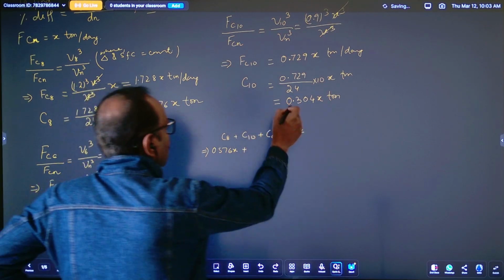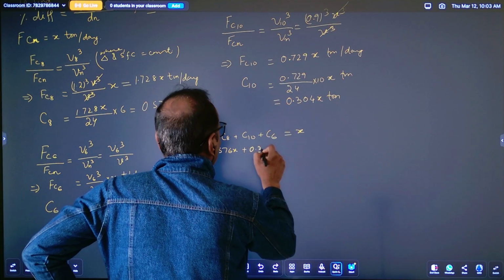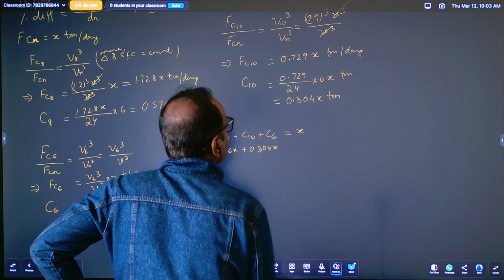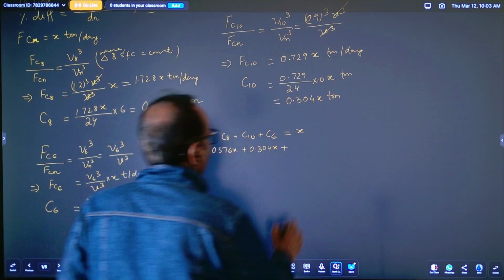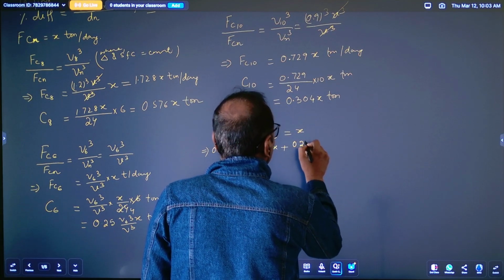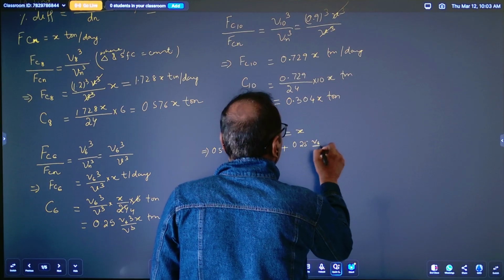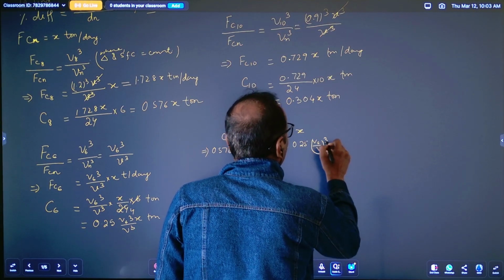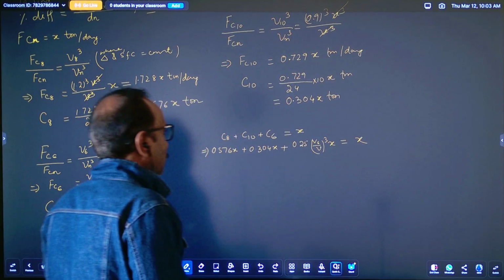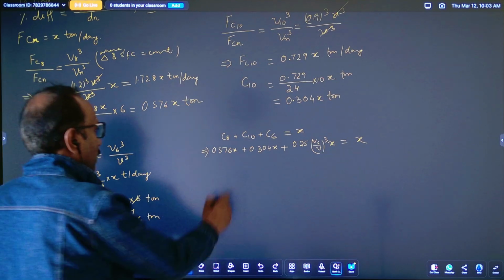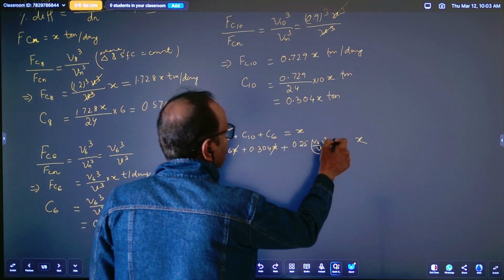C10 is how much? 0.304x. C6 is how much? 0.25 V6 by V cube into X. Your X is eliminated. Each term is having X.